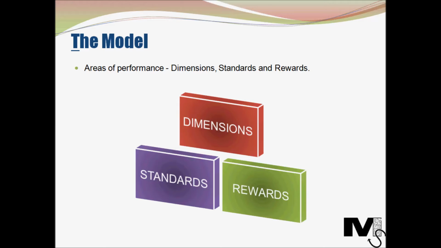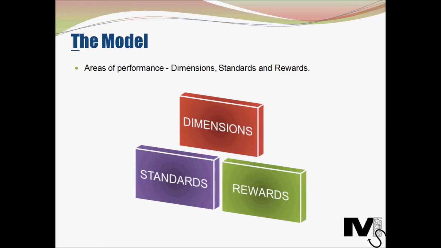These are the benchmarks against which we measure performance, against which we measure each dimension. The last component is rewards. This is because rewards can actually motivate people to work and achieve the high standards which have been set.